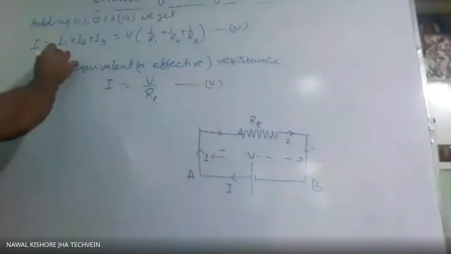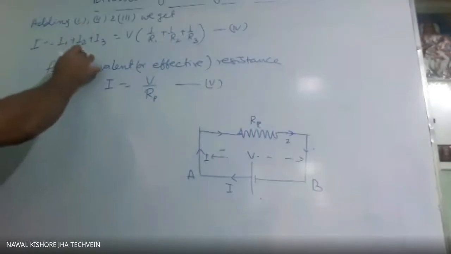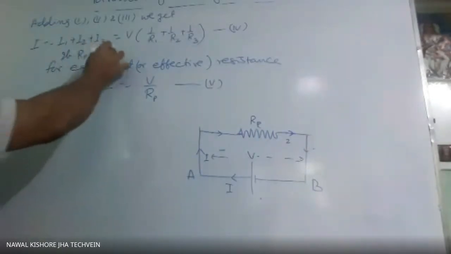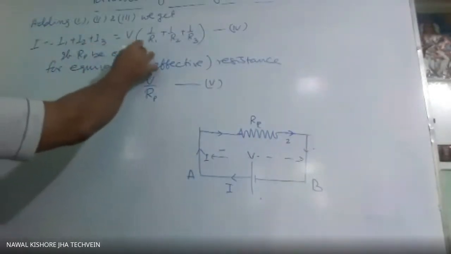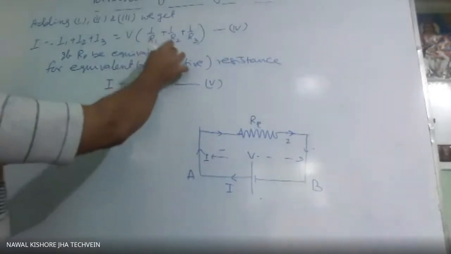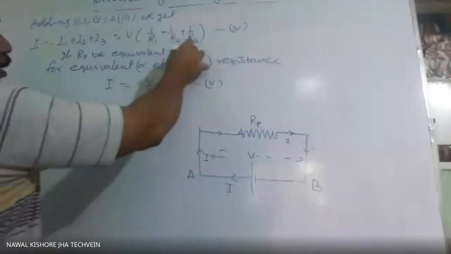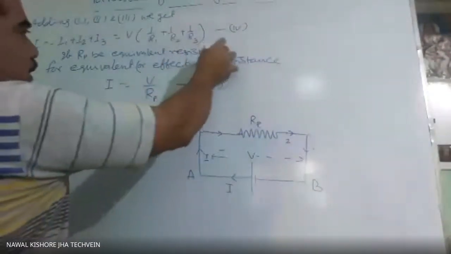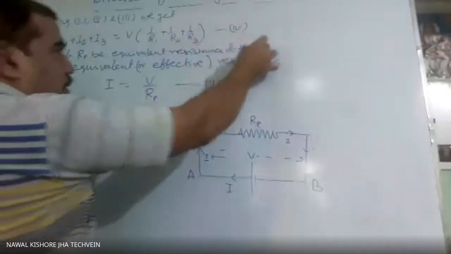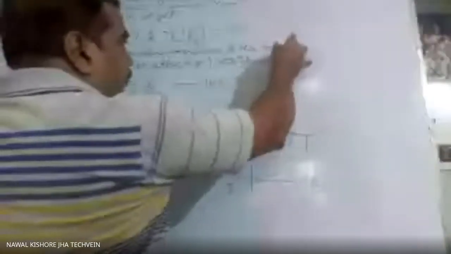If RP is the equivalent resistance of the group, then for equivalent resistance this I will be equal to V by RP.